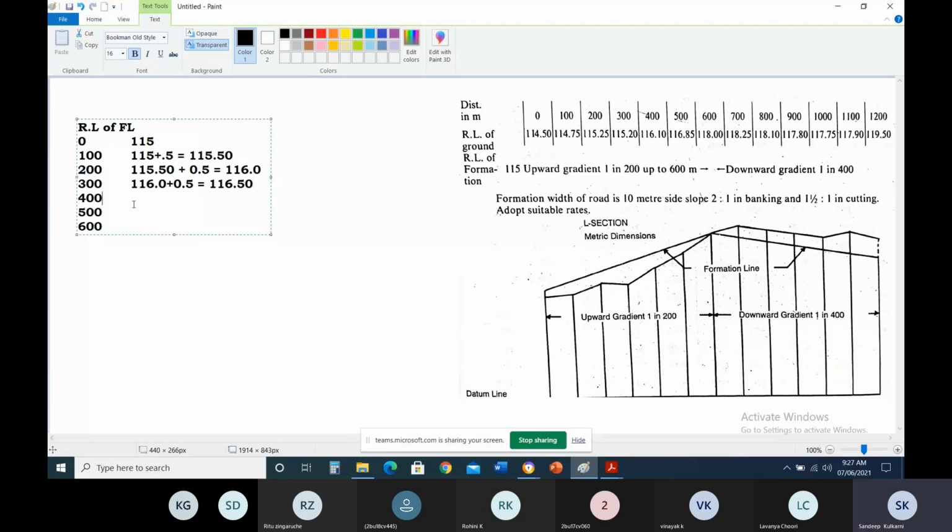Then the fourth, these are the FRL values, 117. So it is increasing by 0.5. I hope you understood how to take the FRLs.